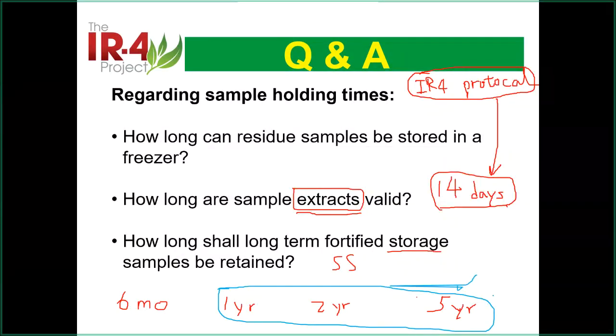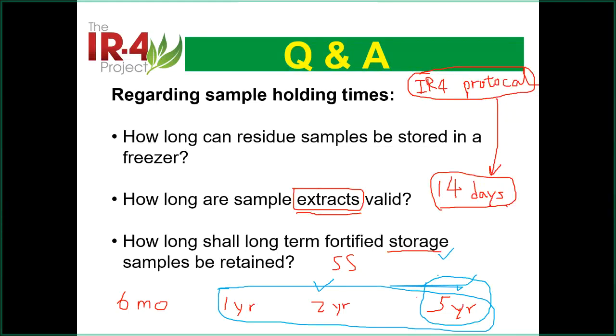unless you don't have the storage room. So after 1 or 2 years, you need to talk to the study director if you want to get rid of some old storage samples. Typically, in the IR4 system, our system, we keep them as long as we can, at least 5 years for the storage samples.